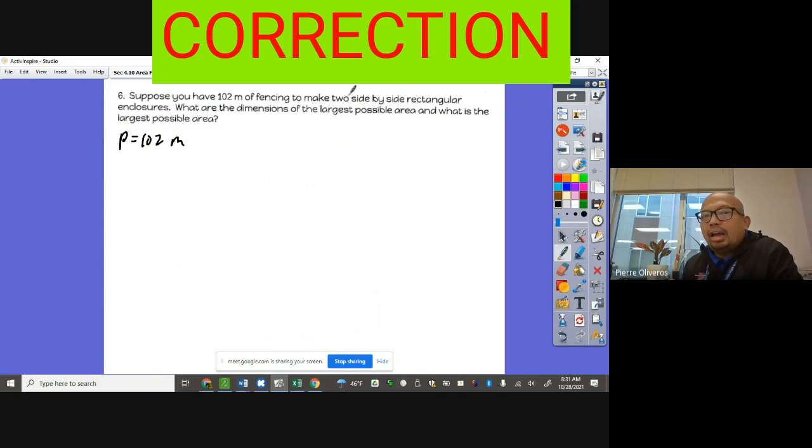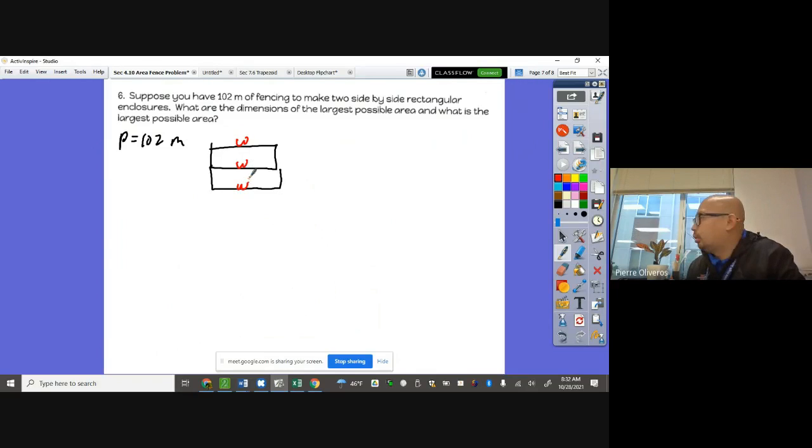Okay, you have two rectangles side by side. So if you have two rectangles side by side like this, let's say this is my W, that's W, that's W, right? Now, the length, everyone listen here, the length will be just one here and this one over on this side. It covers the entire length there. You don't have four lengths there.